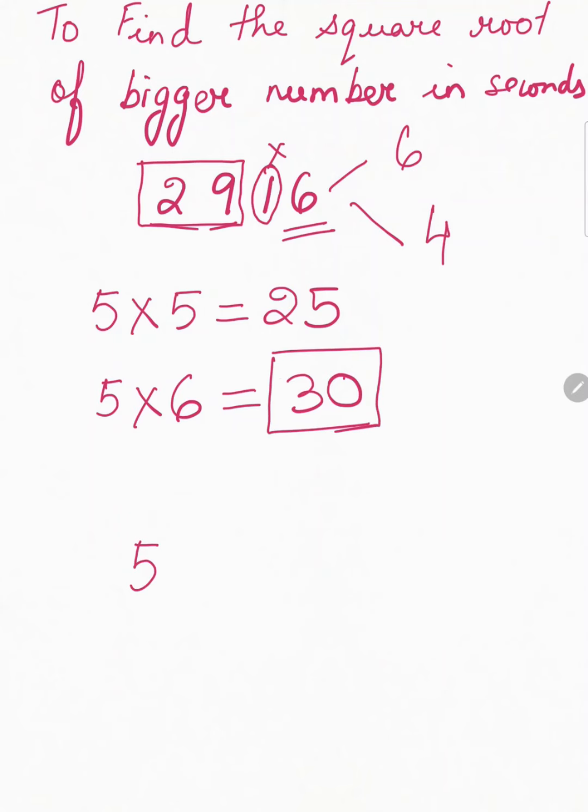Now how do we decide the digit that will come just after 5?